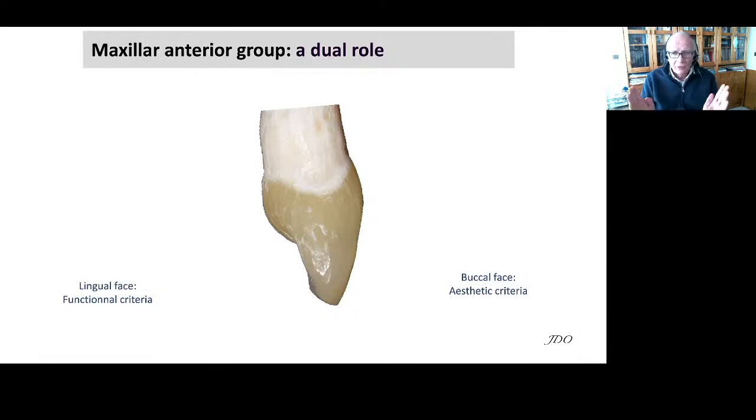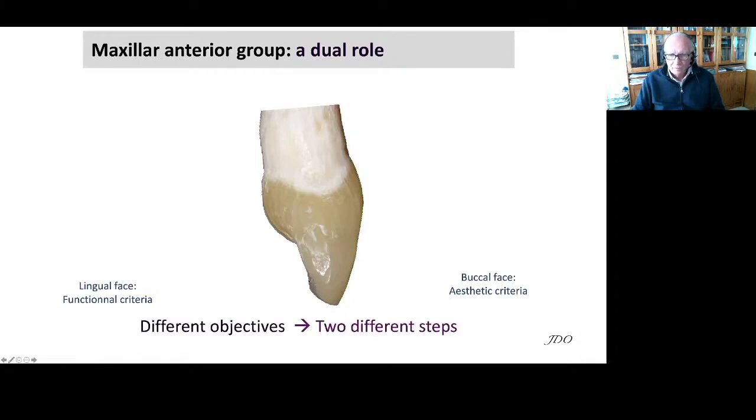And they are two different steps. There is no correlation between the morphology of the buccal face and the morphology of the lingual face. When you know the morphology of the buccal face, we don't know the morphology of the lingual face. Different objectives, and so two different steps during the construction.